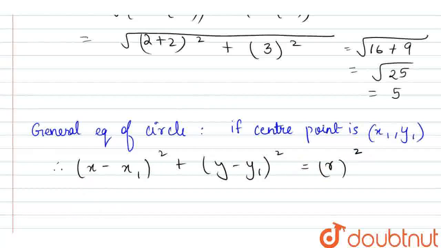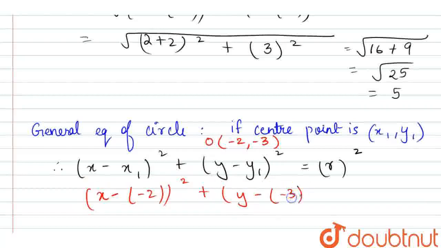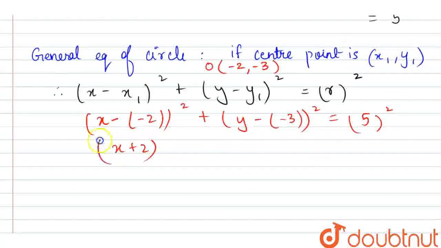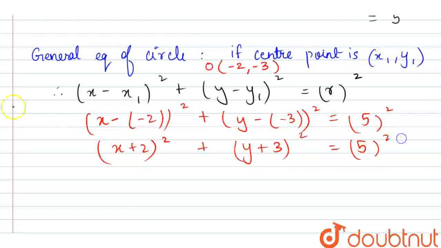Then we can put the values here. We have center point O, whose coordinates are -2, -3. So x minus -2 the whole square plus y minus -3 the whole square is equal to 5 square. So this will be equal to x plus 2 the whole square plus y plus 3 the whole square is equal to 5 square. So we got the equation.